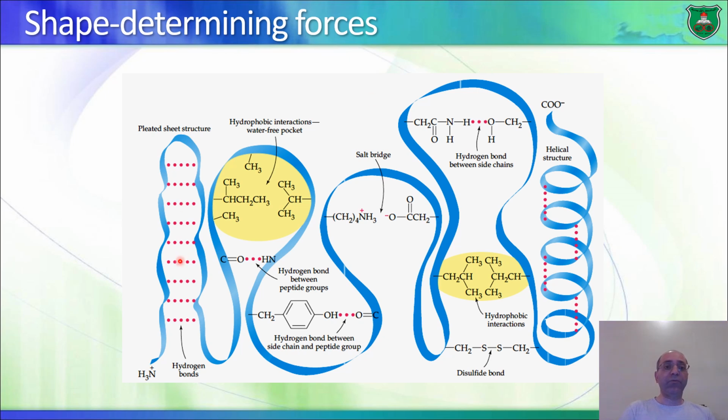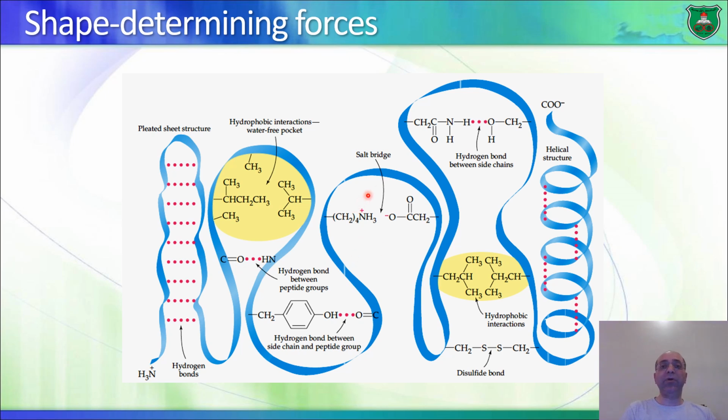So these are really the forces that determine how proteins look like. Right? So you have the hydrogen bonds within a protein. You can have a hydrophobic pocket. That is, you have a region within a protein that includes hydrophobic non-polar amino acids. You can have, again, these hydrogen bonds within the peptide bond itself, the groups that make up the peptide bond.